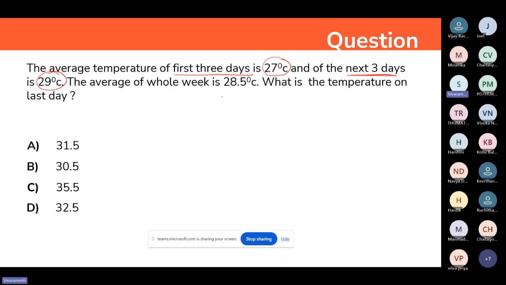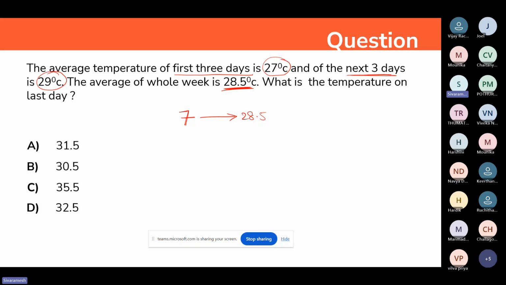But here the average of the entire week, 7 days, is 28.5, so you need to write the bulk values. Now imagine the chocolate method. Whole week means 7 days, and the chocolate method is equal distribution, correct?